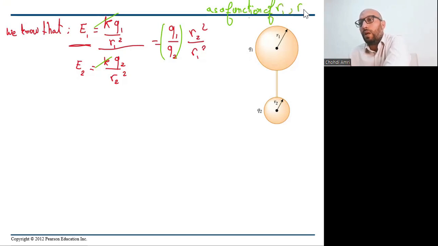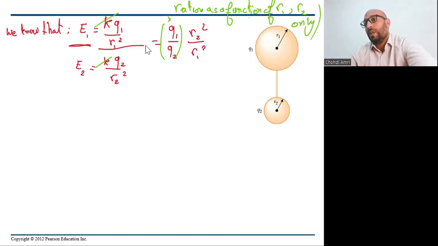But we want the ratio E1 over E2 as a function of R1 and R2 only. So what are we going to do? We have to express Q1 and Q2 from the electric potential.